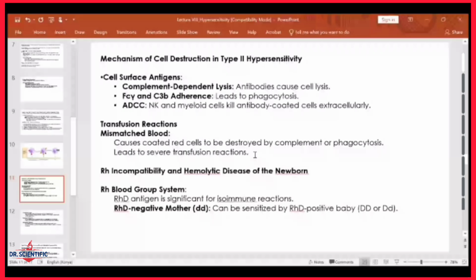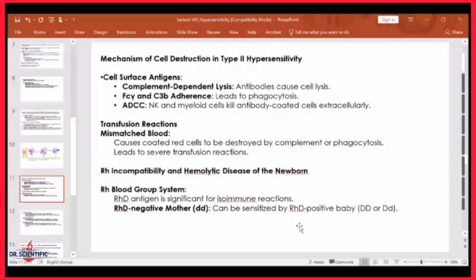First of all, the antigen is an isoimmune antigen, the rhesus antigen, and antibodies will be produced against it. If the child is rhesus positive and the mother is rhesus negative, antibodies are going to be produced against it. But by the time they're being mounted for the first birth, the antibodies are not so many, so they won't have any effect on the child.